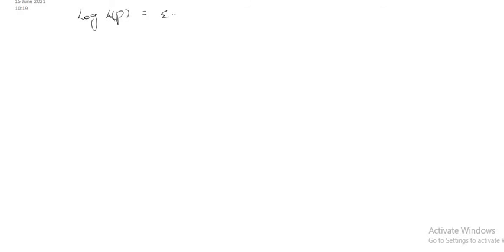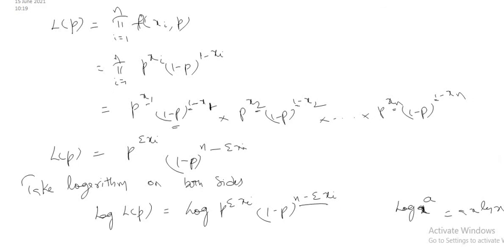So that is summation xi log p plus (n minus summation xi) log (1 minus p). Log of a power m is m log a, in such a manner.